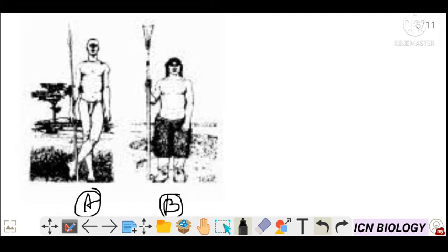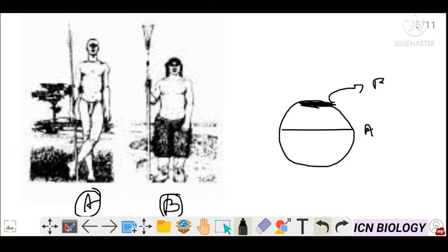This is the diagram of two persons. Suppose these two persons belong to one family. A and B belong to the same family. Suppose both are twins, but both are living in two different corners of the world. Suppose A lives at the equator, whereas B lives in the polar region.